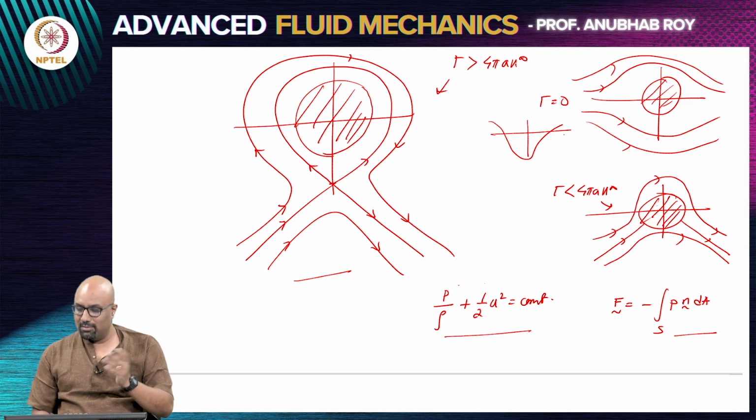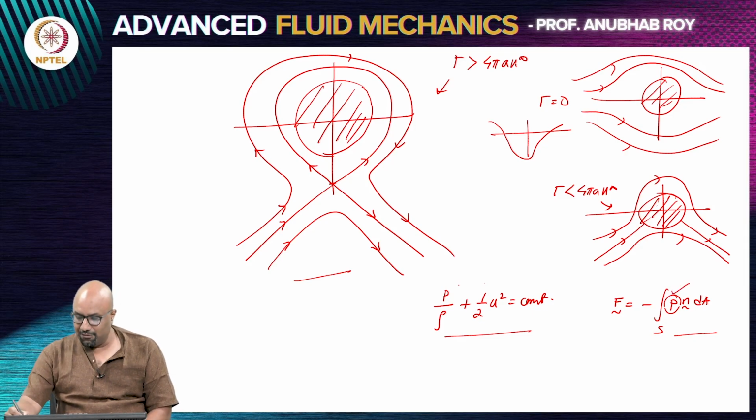So, when this quantity has symmetry about left and right, which means that theta between minus pi by 2 to pi by 2 and pi by 2 to minus pi by 2, the left half and the right half, if your pressure is the same, the integral will be 0.